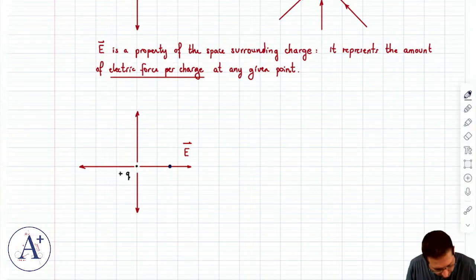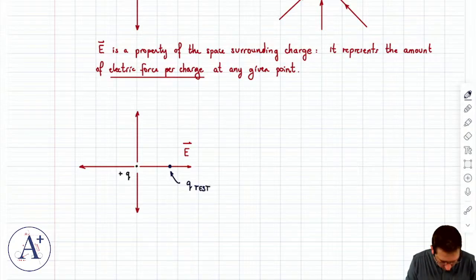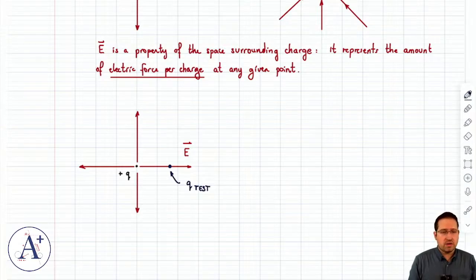Okay. So if I place another charge, a different charge from plus Q, we tend to call these charges test charges because it is a charge with which we perform a test or an experiment. So we'll put a test charge at that location. And let's say that it's a positive test charge.